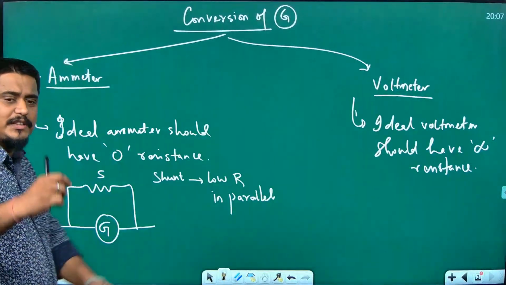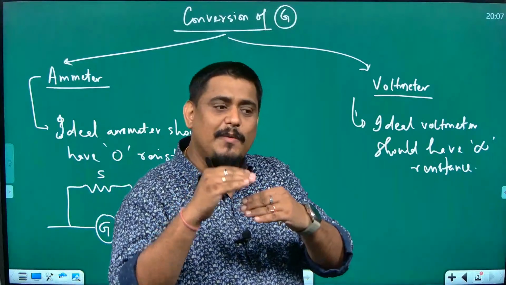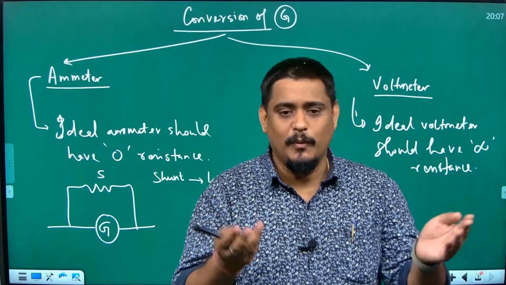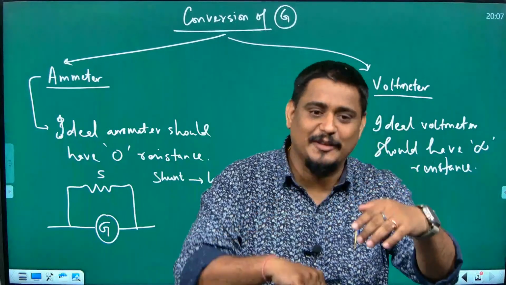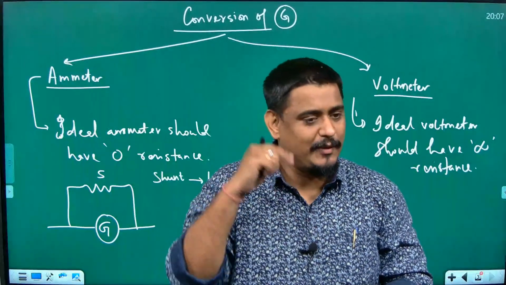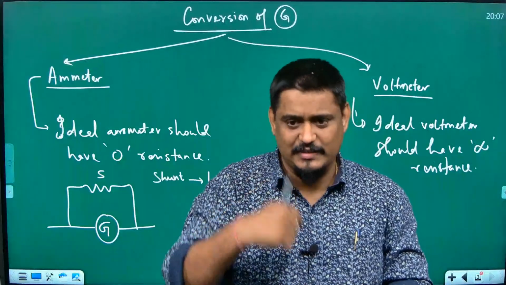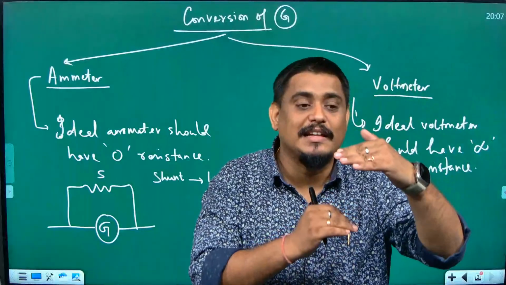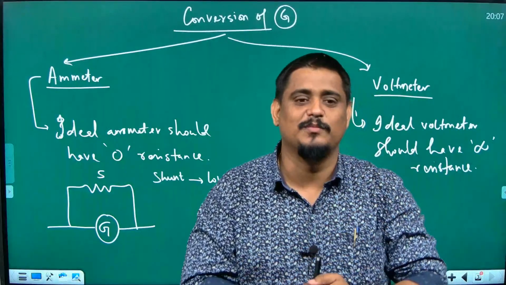If you have two resistors in parallel, the net value will be less than the least value. You know this? 10 ohm, 1 ohm, put in parallel, the answer will be less than 1. 1 by 10 plus 1 by 1 is equal to 1 by R. Solve, less than 1. 1 lakh ohm, 1 ohm in parallel, the answer will be less than 1 ohm.